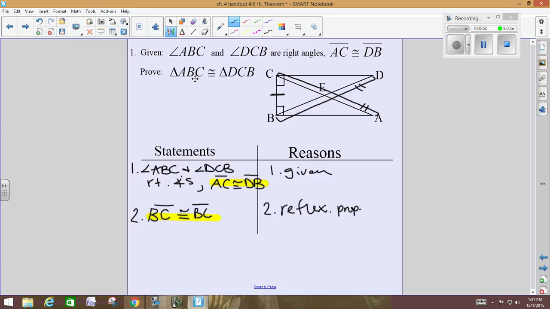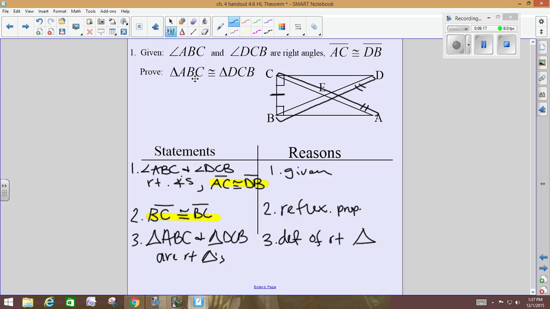Have we said yet in the proof that the triangles are right triangles? No, but are they? Why are the triangles right triangles? Because they have a right angle. Excellent. So for step 3, triangle ABC and triangle DCB are right triangles. Since they have a right angle, they're right triangles.